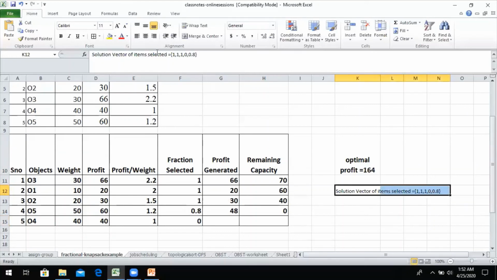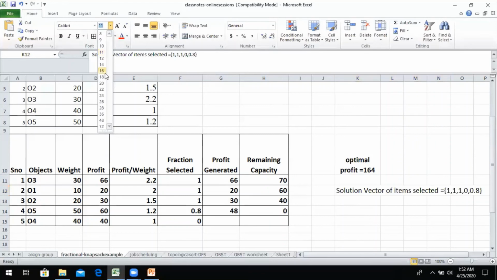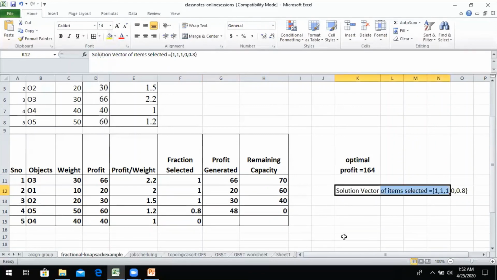So this is the final solution of the fractional knapsack problem. Thank you.